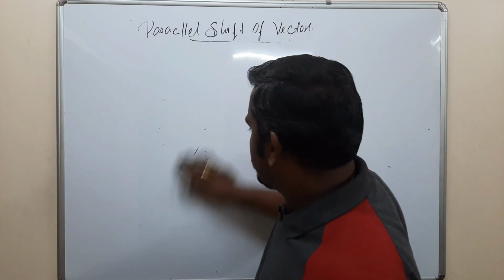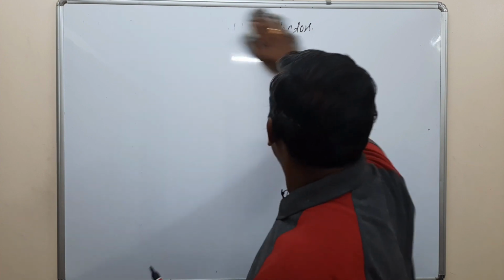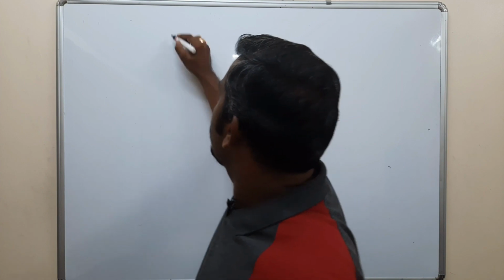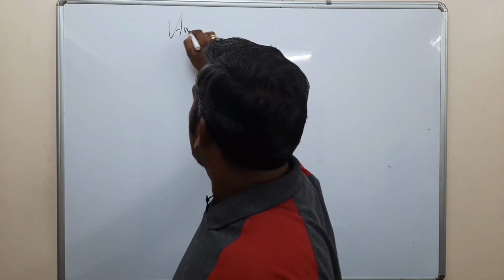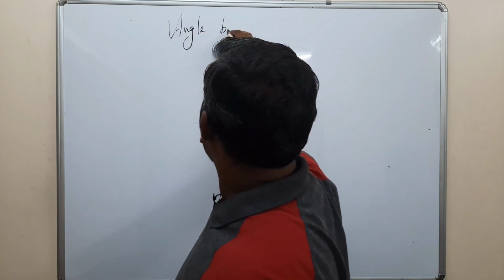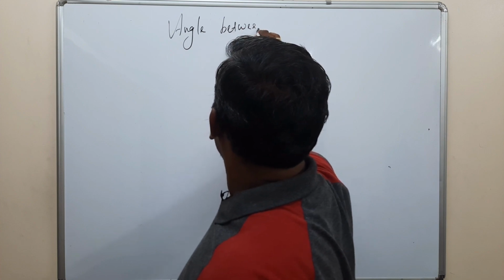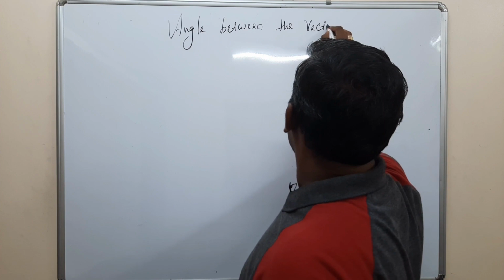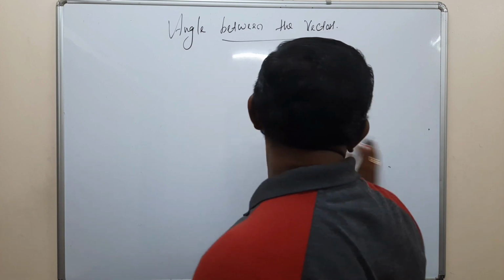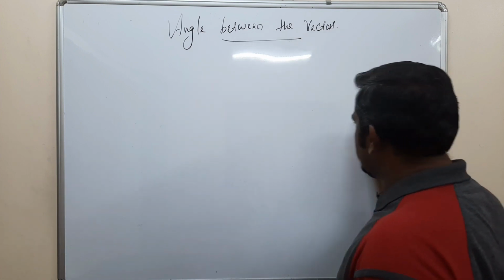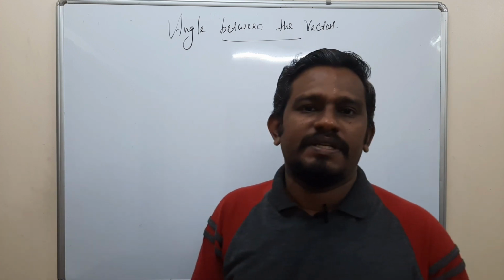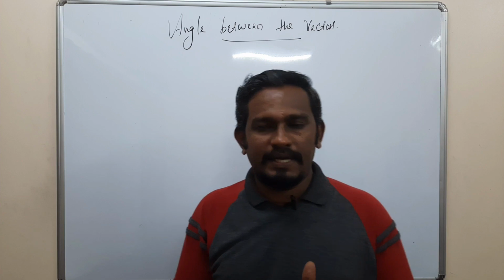Then the next is angle between the vectors. So the angle between two vectors means the angle between either head or tail.